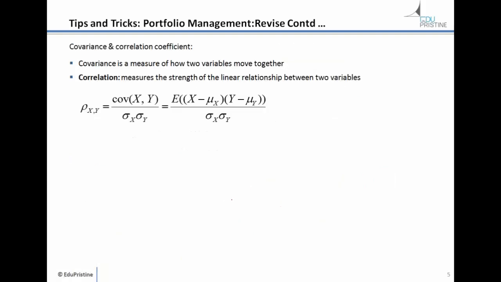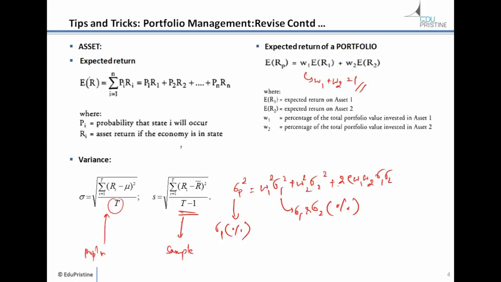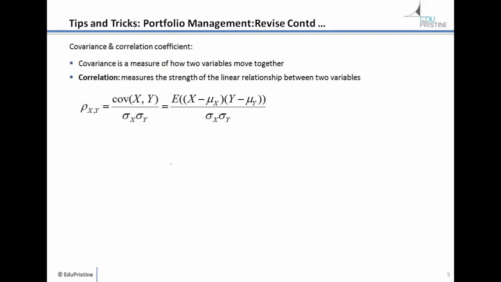Within this standard deviation term, I referred to the correlation coefficient. The correlation coefficient between two assets is the covariance of xy divided by sigma x into sigma y. To revise, covariance of xy is E of xy minus E of x into E of y, divided by sigma x into sigma y.